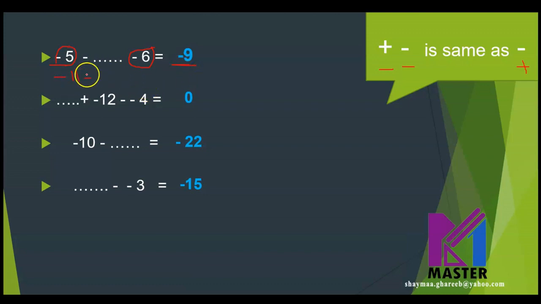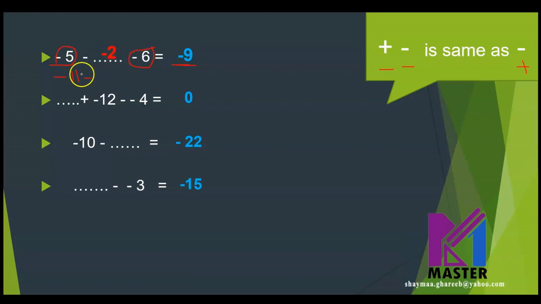So the negative 11 is smaller than the negative 9, which means I need to add. So in order to add, and I have here subtraction sign, it means I'm going to add a negative number. So what is the negative number here? The missing number must be a negative number, which is negative 2.